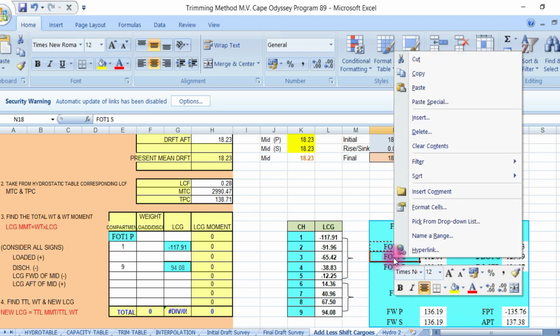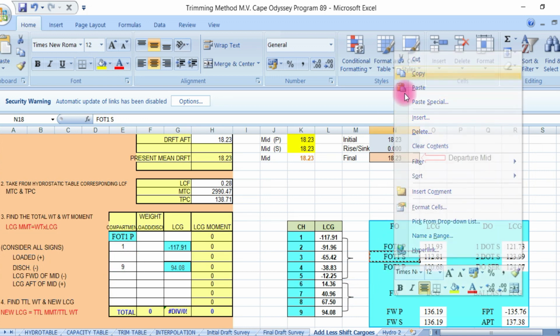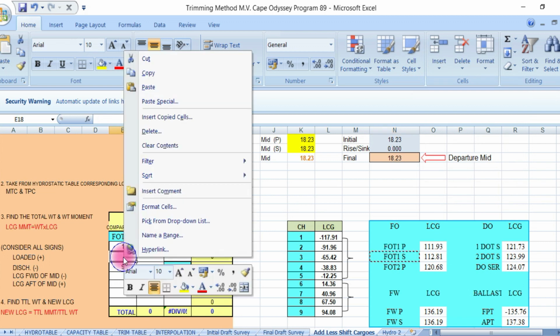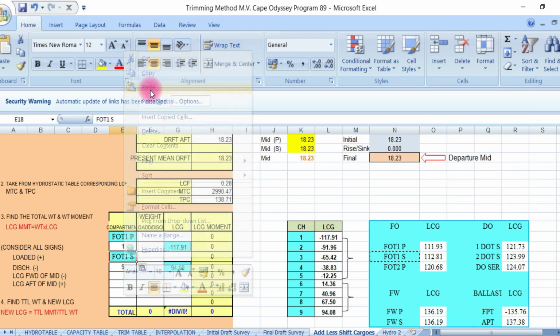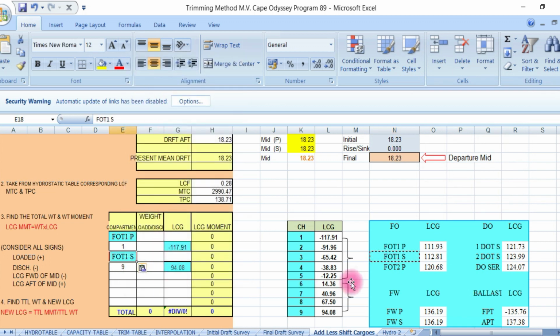And the LCG of number one is 111.93. And the starboard side is 112.81.